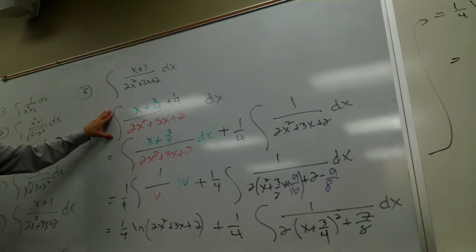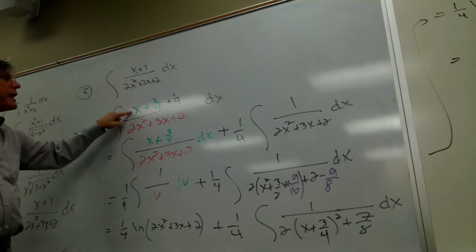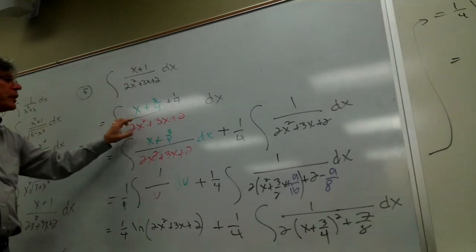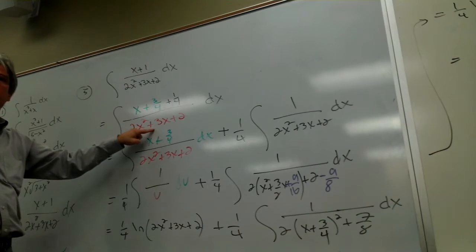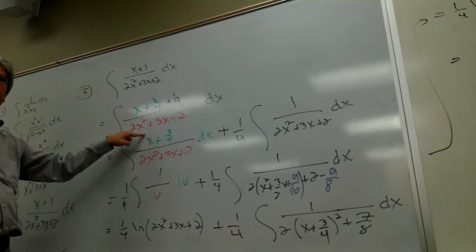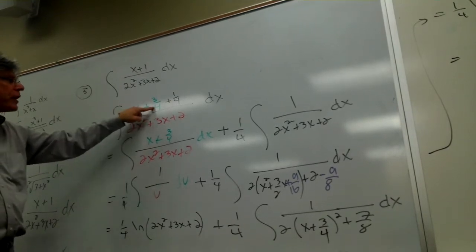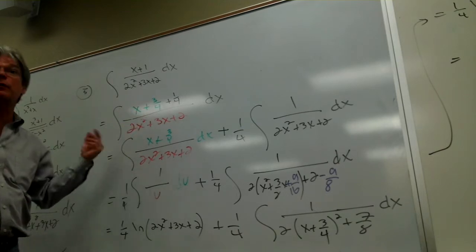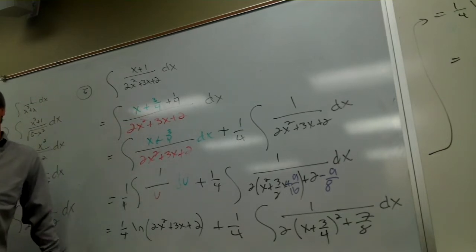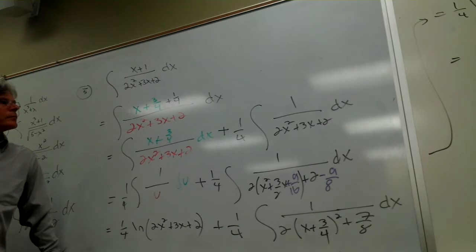And then you manipulate the top to give you that derivative, a factor of 4x plus 3. Because of the leading coefficient of 1, I just knew with a 4x plus 3, notice the coefficient of x to the constant, I'm multiplying by 3/4. So I made sure that with this coefficient of the constant, I multiplied by 3/4. That's where I got my green 3/4. So you just factor out whatever coefficient you would need for the derivative of what's downstairs, and then you would do your u sub giving you that 1/4 in the second integral.